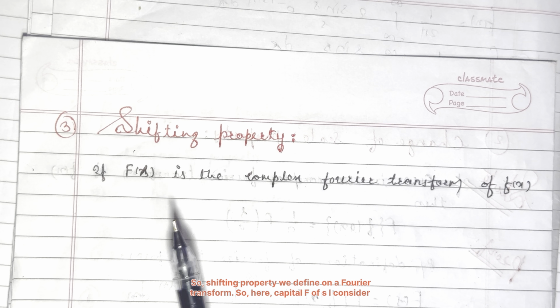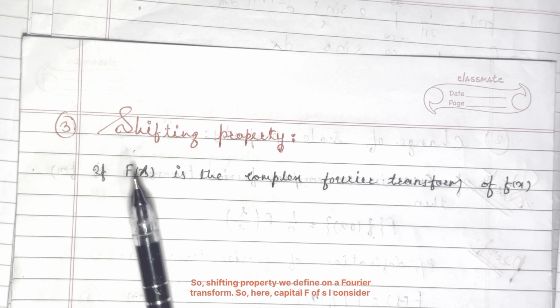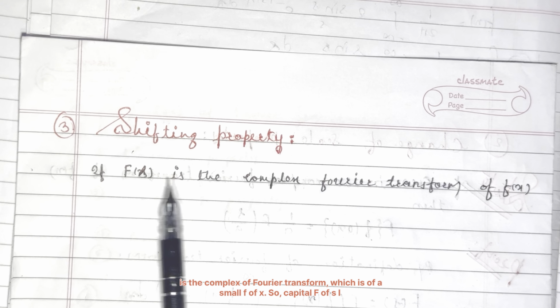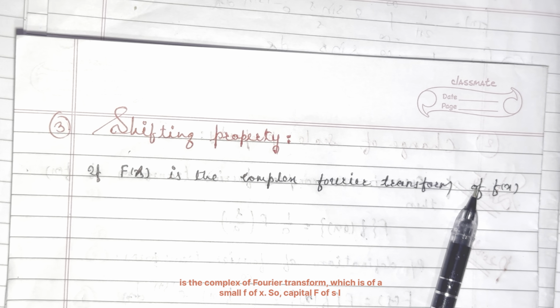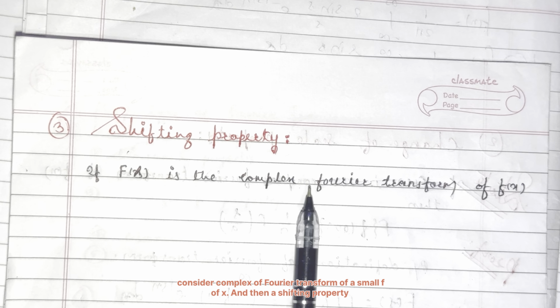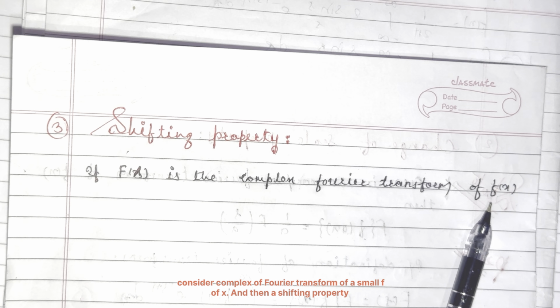We define the shifting property on a Fourier transform. Here capital F of s is the complex Fourier transform of small f of x.